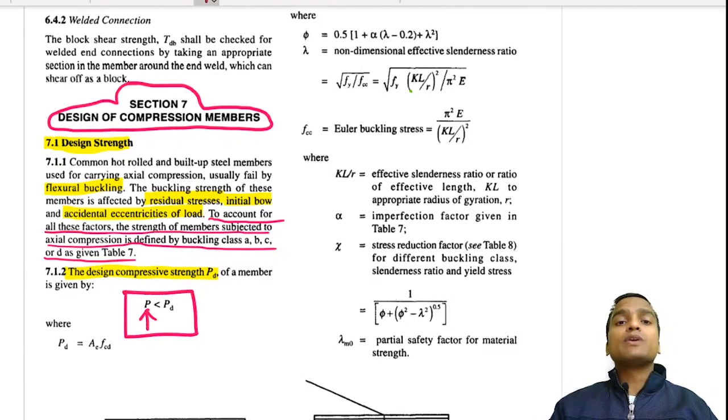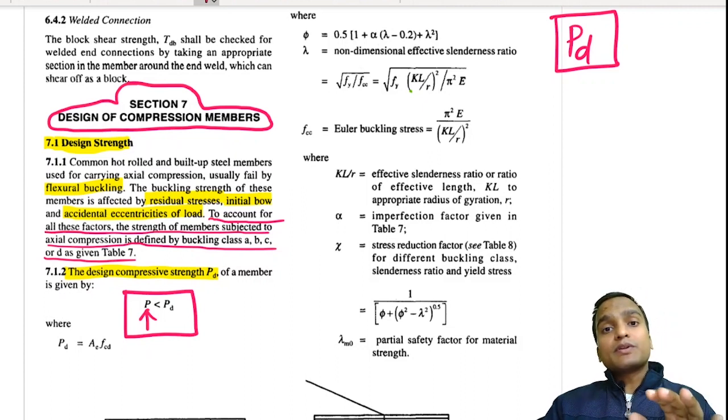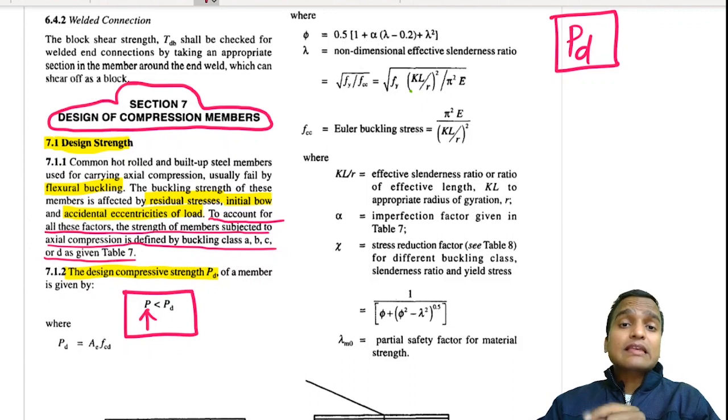So now we have to calculate the value of PD, okay. What is the value of PD? What is this design compressive capacity of the member? And all the compressive forces that are going to come on that member should be less than this capacity of the member, okay.